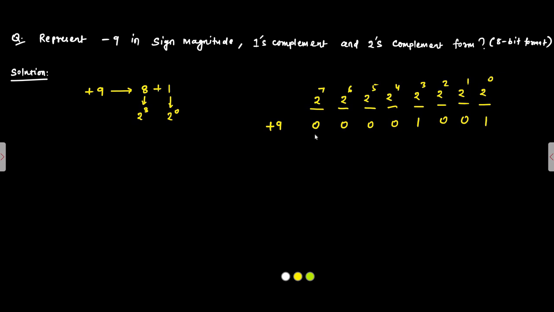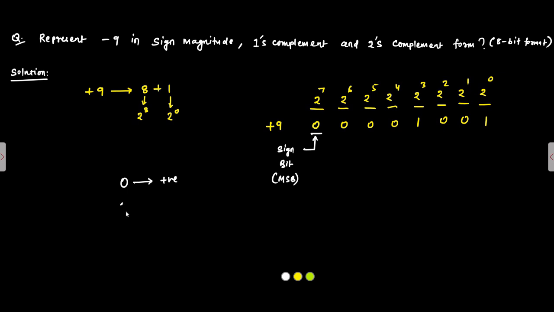Now the sign magnitude format. In sign magnitude format, the MSB bit, this bit, is called the sign bit. If it is 0, it represents a positive number.